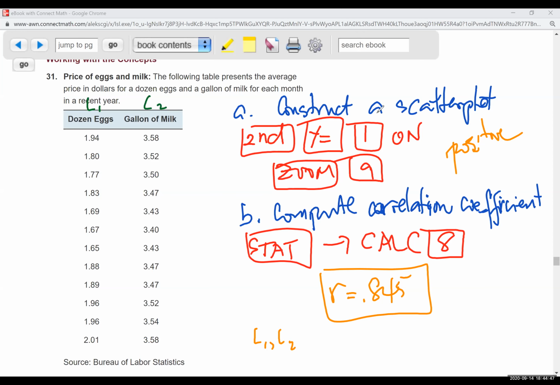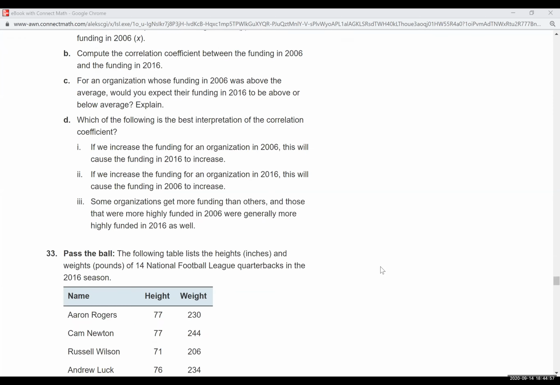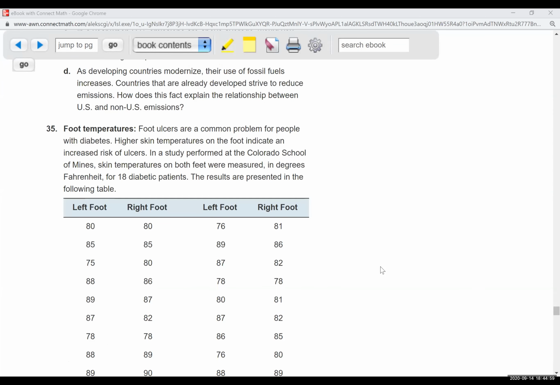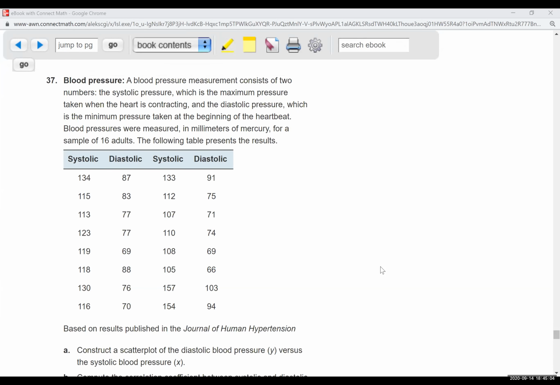Okay, so let's try one more. How about number 37? All right, so blood pressure. A blood pressure measurement consists of two numbers, the systolic pressure, which is the maximum pressure taken when the heart is contracting, and the diastolic pressure, which is the minimum pressure taken at the beginning of the heartbeat.